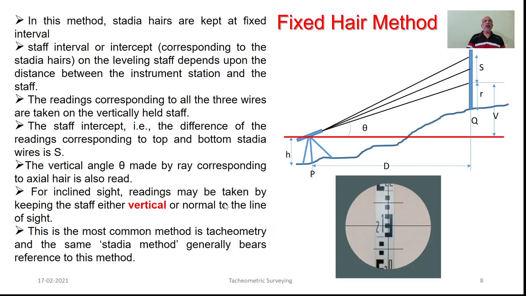So, we will discuss more about the fixed hair method now.